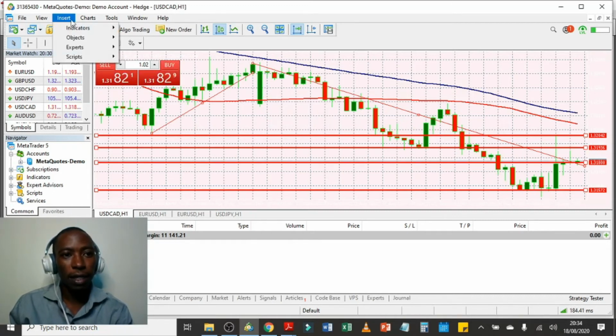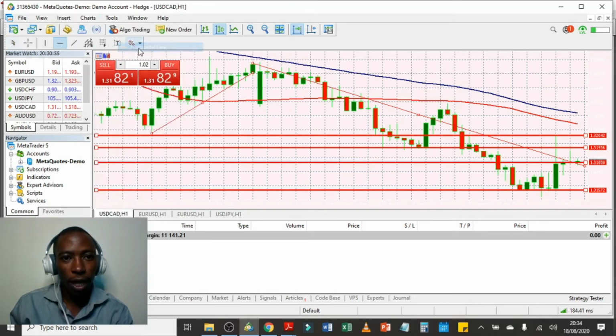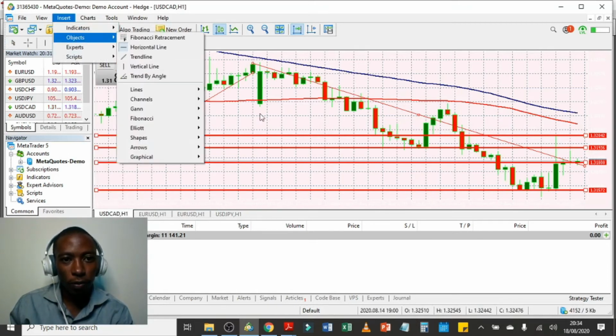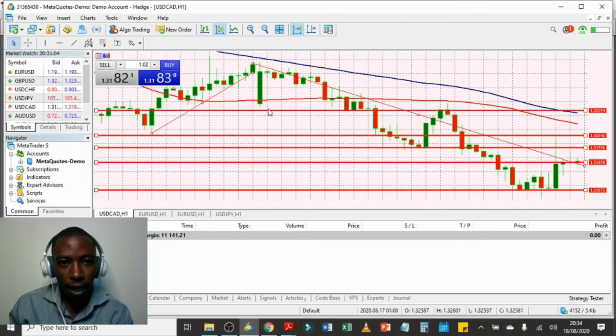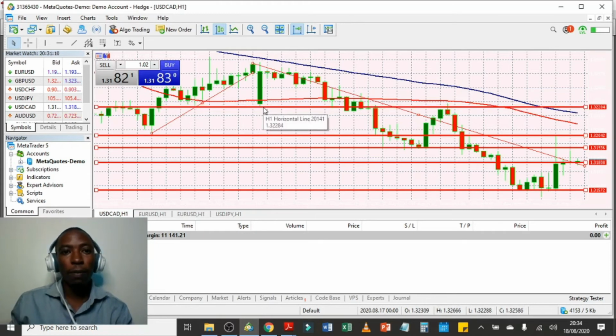Alternatively, under insert, I can go to objects and get a horizontal line. I simply tap on the horizontal line, whether up here on the menu bar or under insert objects, and then I can sketch that horizontal line over here.